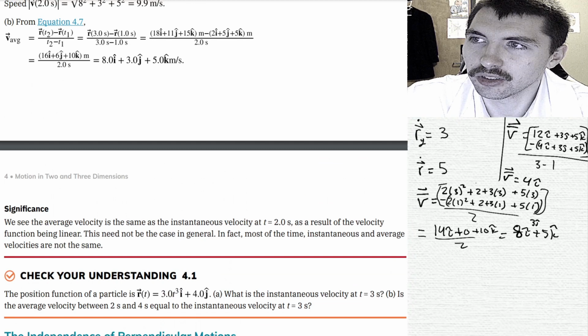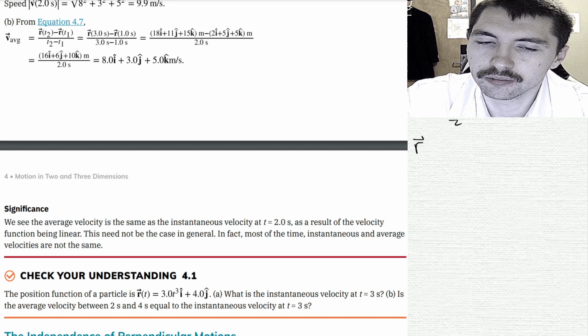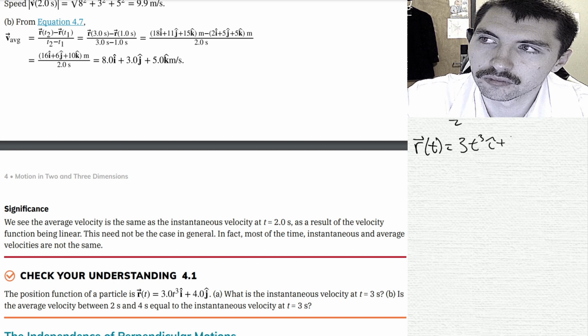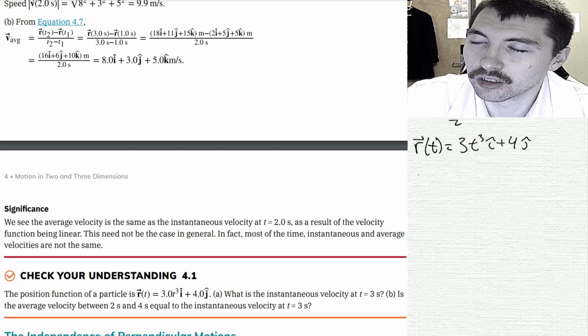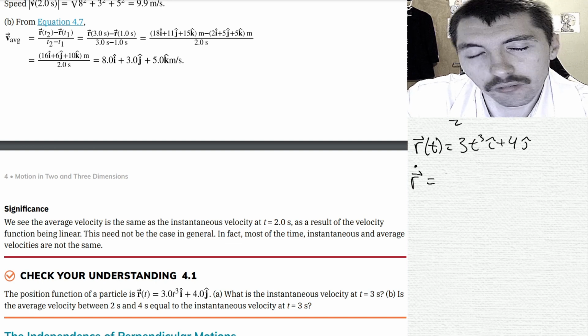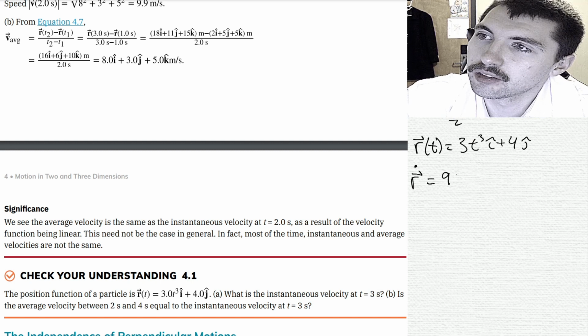All right, check your understanding. Let's try this one. R. Okay, it's instantaneous velocity, so R is going to be 9t squared.